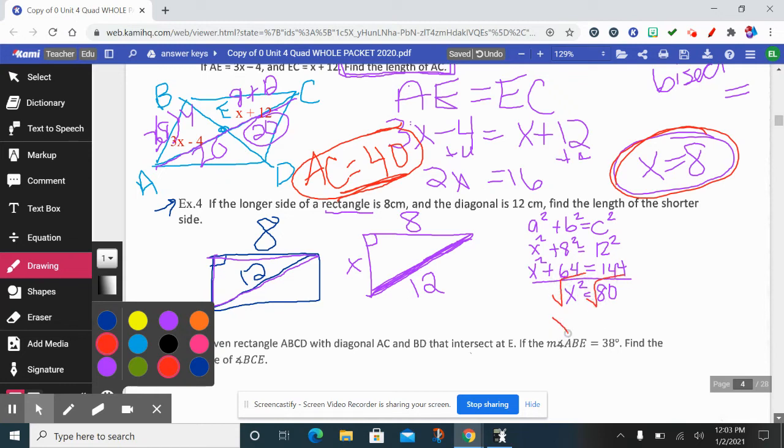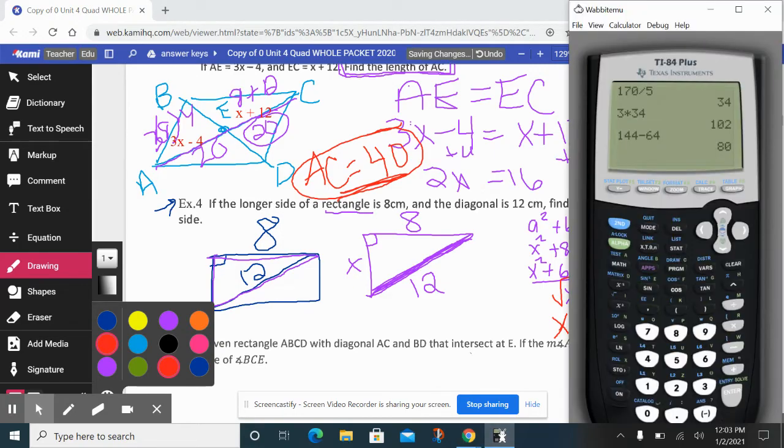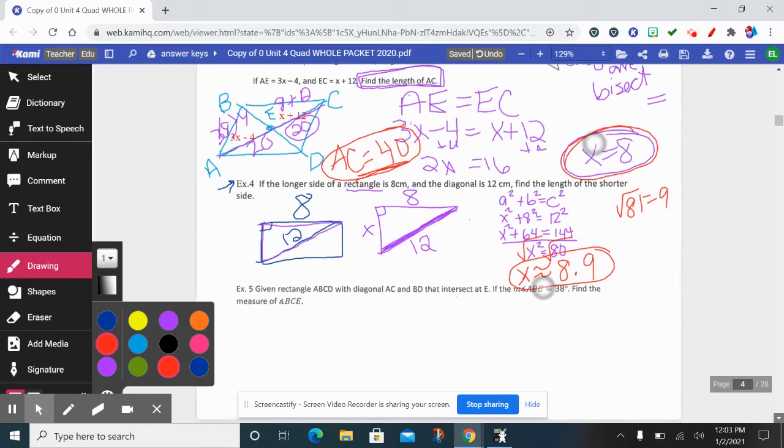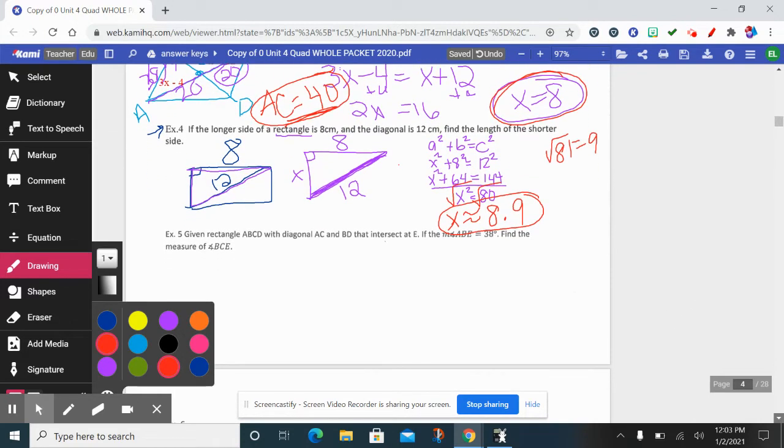The square root of 80 is very close to 9. So x is going to approximate to 8.9. Because remember, the square root of 81 we know is 9. So if we type this in our calculator, second x squared of 80 will give you about 8.944. So we're just going to leave it at that. If it asks you to round to the hundredths or to reduce your radicals, we could have, but we're going to move on to the next question.